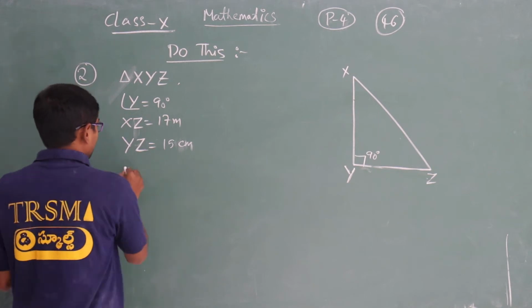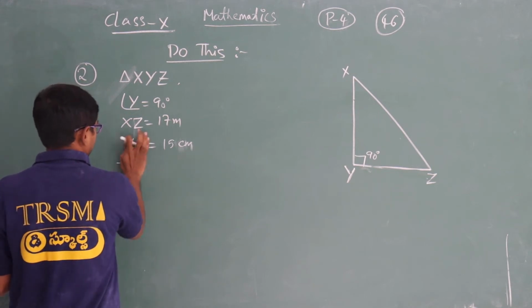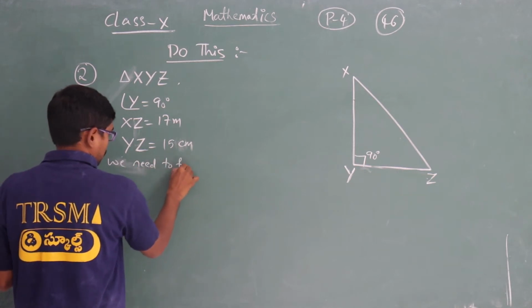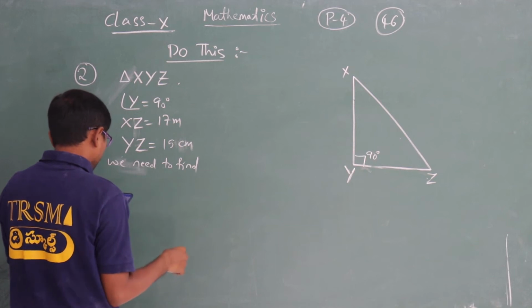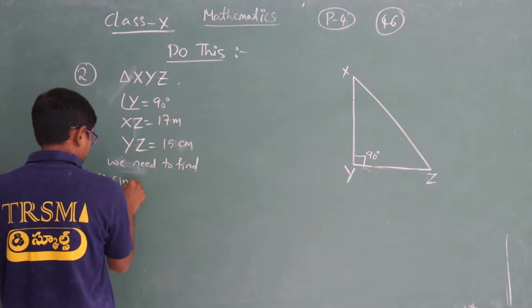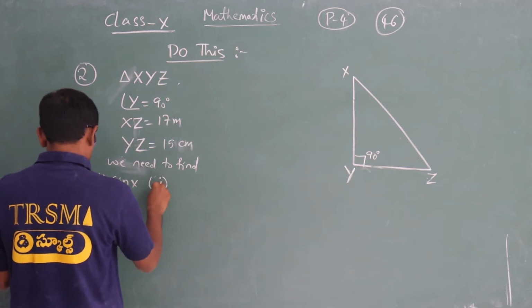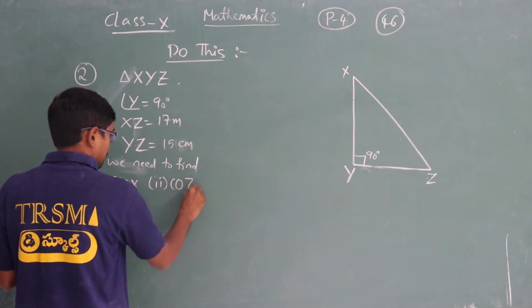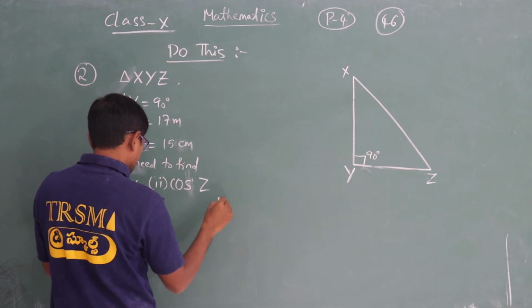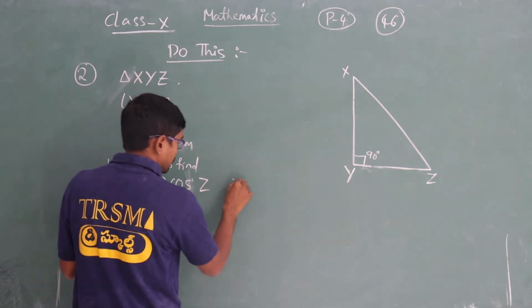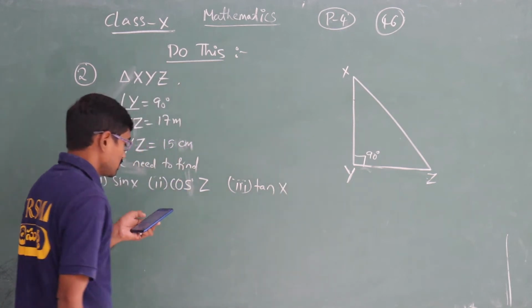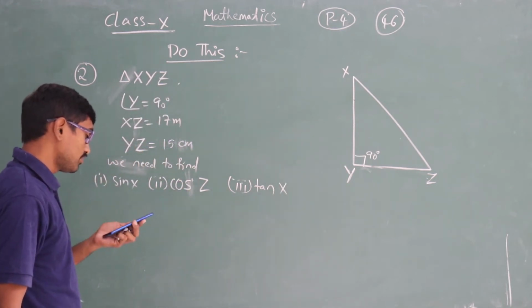Then he asked us to find: first, sin X; second, cos Z; and third, tan X. These are the things we have to find here.